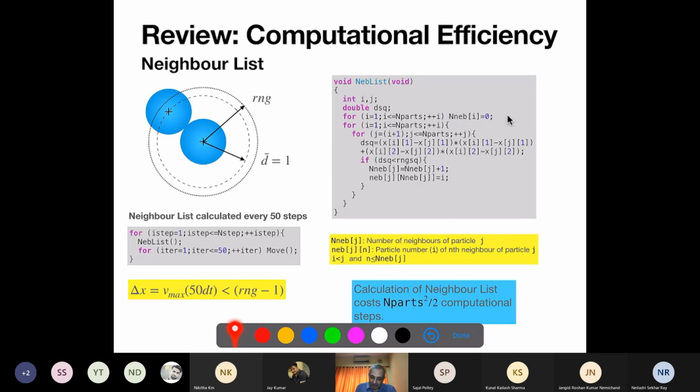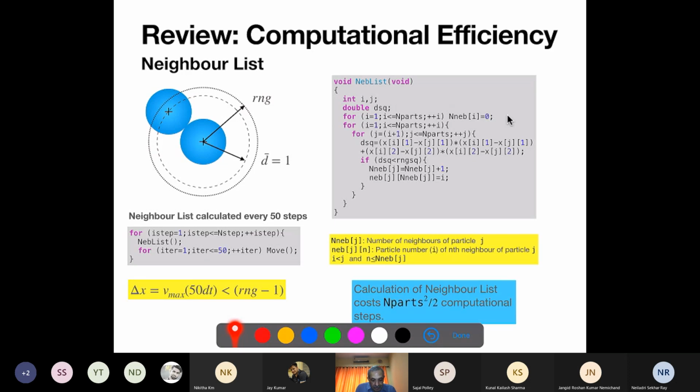Now, to save computation, we had discussed a little bit what the number of time steps should be that you can go before you calculate the neighbor list again. This depends on the parameter range, because you're calculating all particles which are within this dotted line. Those are the neighbors of particle i. This is j, which is a neighbor of particle i.